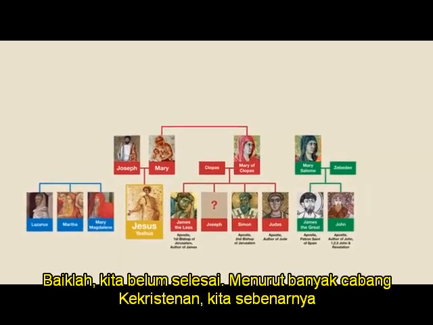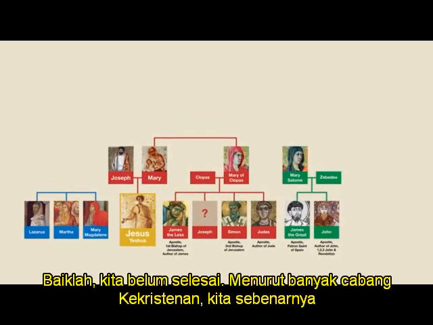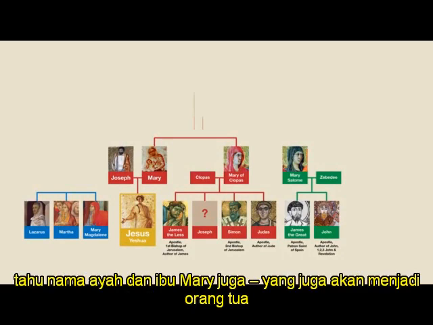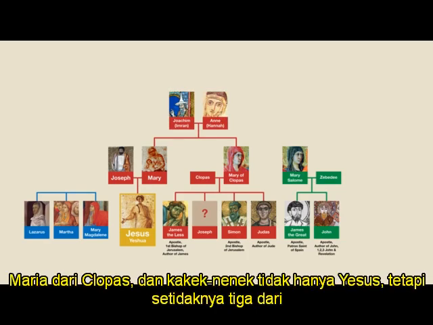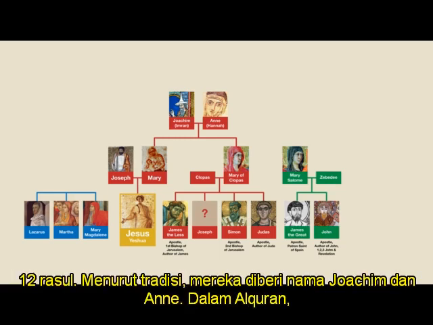According to many branches of Christianity, we actually know the names of Mary's father and mother as well, who would also be the parents of Mary of Clopas and the grandparents of not only Jesus, but of at least 3 of the 12 apostles. According to tradition, they are named Joachim and Anne.